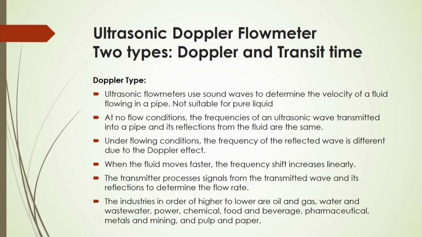You have to be very careful about whether you are using a pure liquid or not, because a pure liquid will not give the correct frequency of the ultrasonic wave. For oil or gas, you will see it gives good frequencies of the ultrasonic wave, and also in water and wastewater systems. So, for those operations this type of flow meter, the Doppler type, will generally be used.